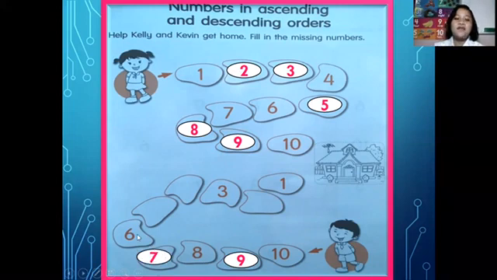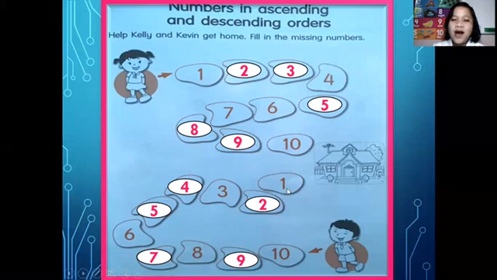Good job. 6. And it goes down to number 5. What's next? 4. 3. And it goes down to number 2. And the last one is 1. So this is Kevin's home.